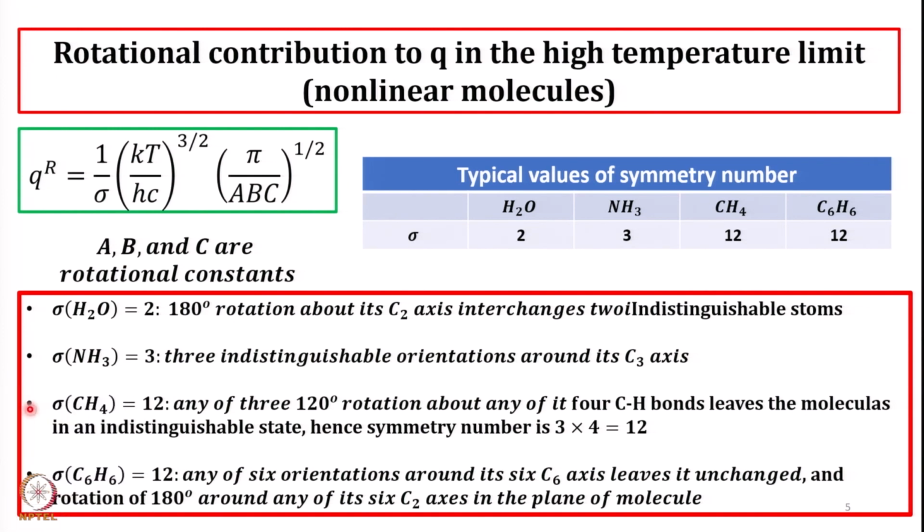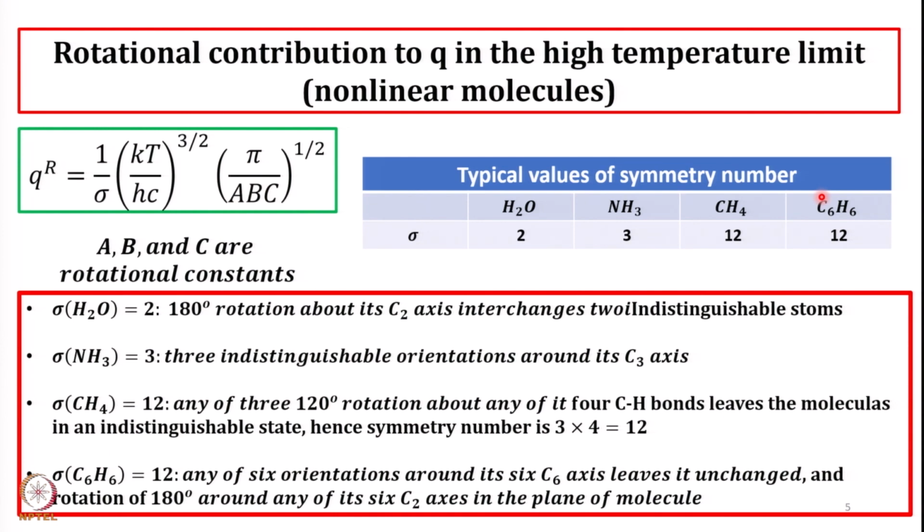For example, water is a non-linear molecule. Ammonia is a non-linear molecule. CH4, methane, is a non-linear molecule. Benzene, C6H6, is also a non-linear molecule.